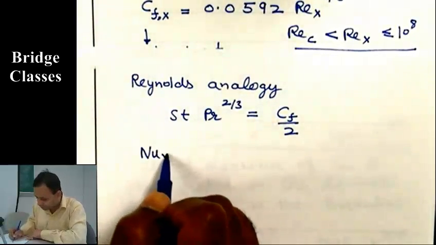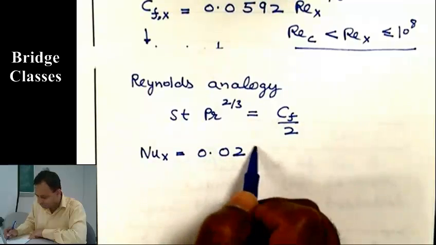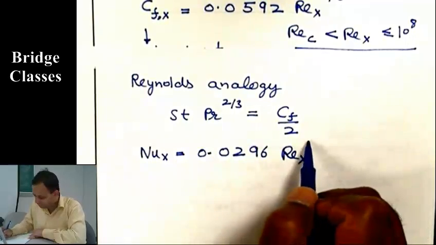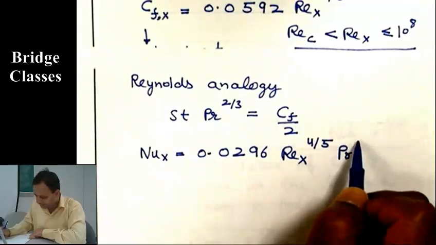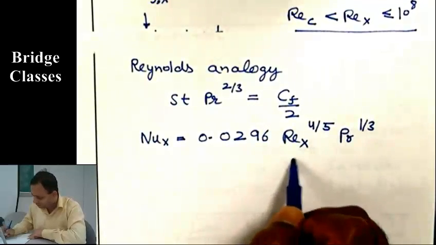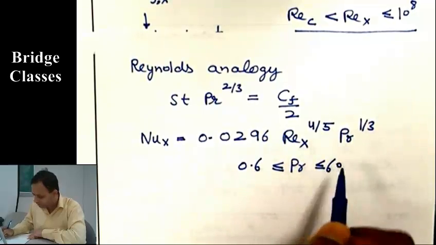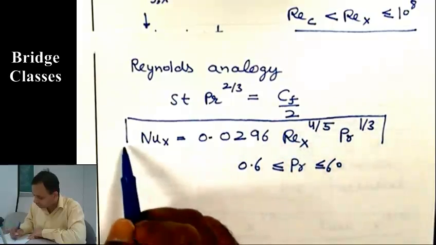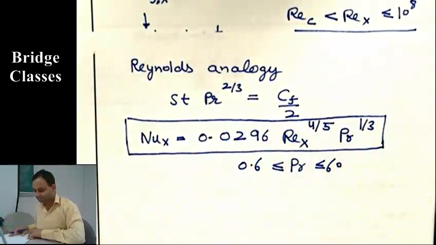That expression is this: local Nusselt number equals 0.0296 times Reynolds number to the 4 by 5 times Prandtl number 1/3. And this expression is valid for Prandtl number in the range of 0.6 to 60. So we get this expression for local Nusselt number in the region where the boundary layer is turbulent. Okay.